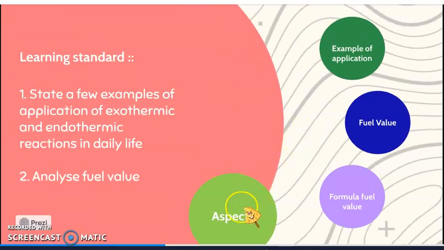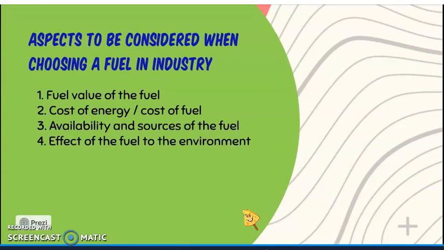Okay, what are the aspects to be considered when we choose a fuel in industry? The first is fuel value of the fuel. Okay, nilai bahan api itu sendiri. Macam cikgu dah bagi tahu tadi, semakin tinggi nilai fuel value, itu adalah bahan api yang lebih bagus. Okay, the second aspect, cost of energy or cost of fuel.